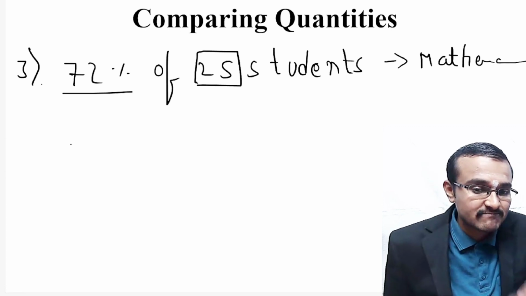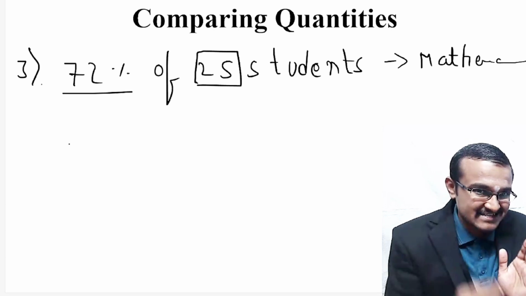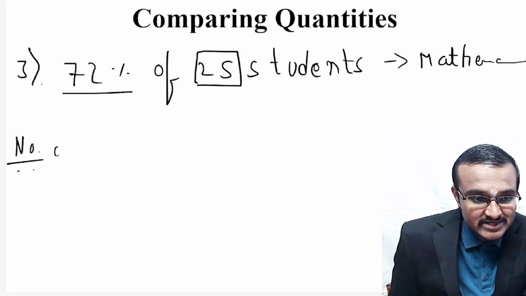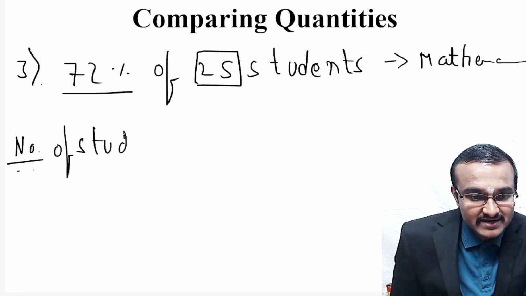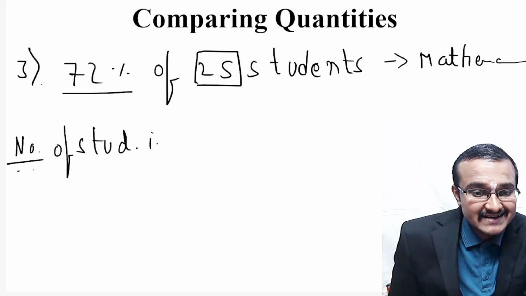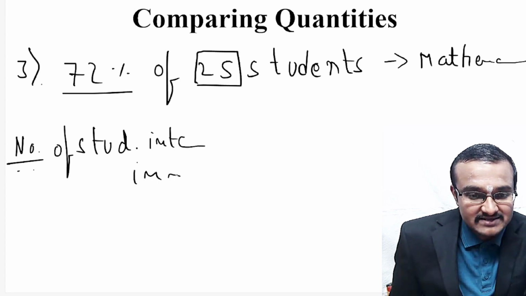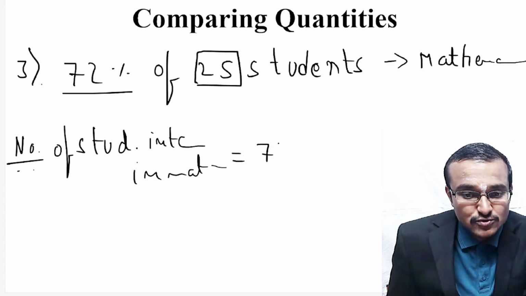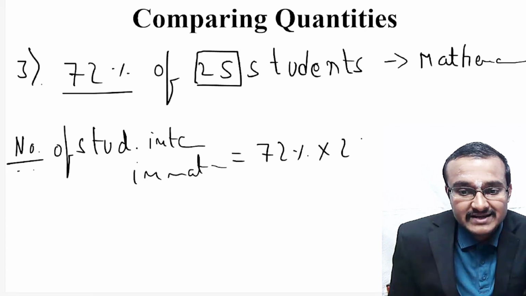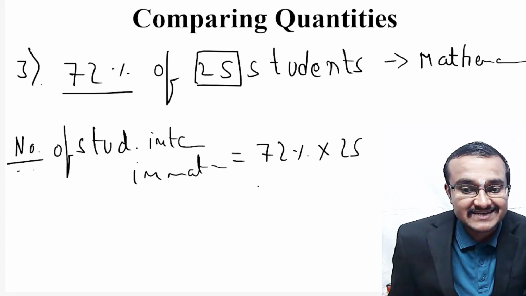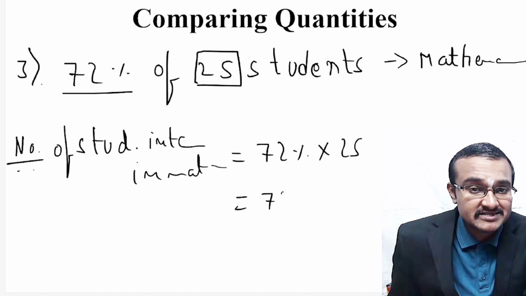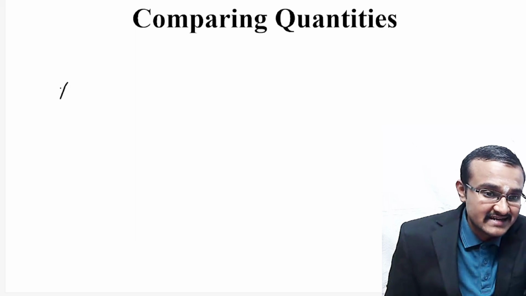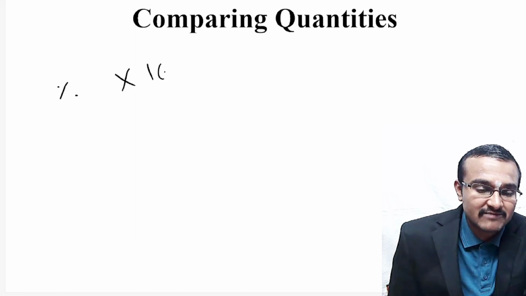To calculate the number of students who are interested in mathematics, I'll write: number of students interested in mathematics is equal to 72% of 25 students, that is 72 percent into 25. 72 percent can be written as 72 by 100, because to convert any number to percentage we multiply by 100.